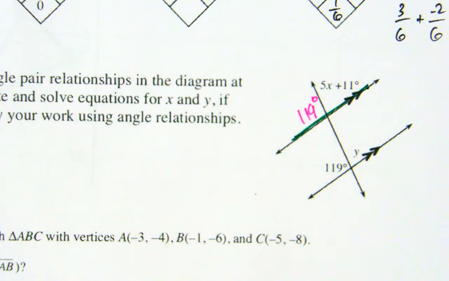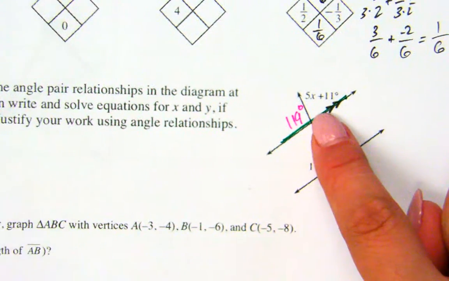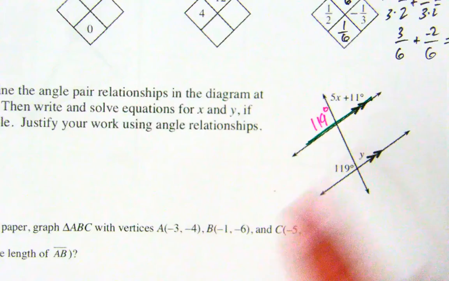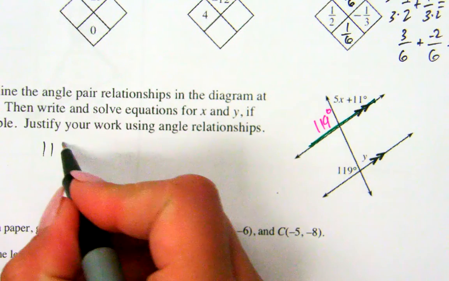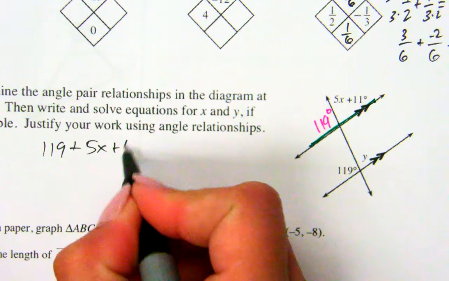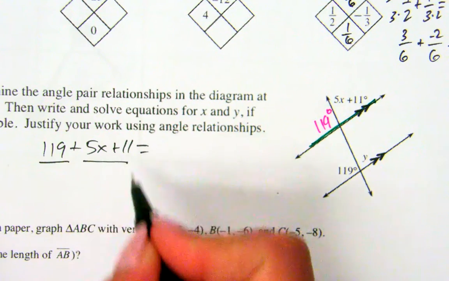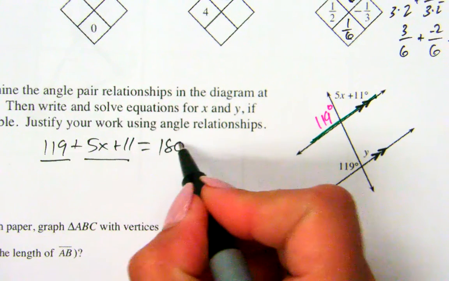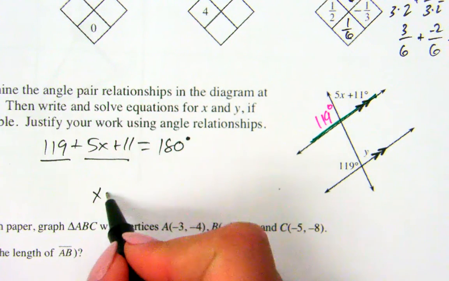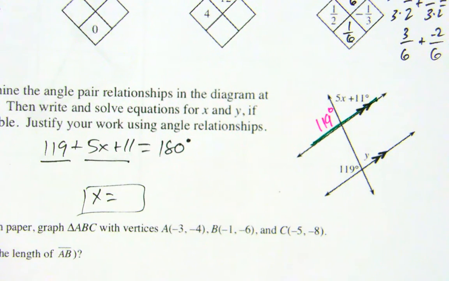So that means 119 plus 5x plus 11 should equal 180 degrees, okay? And you should get a value for x, whatever that is.